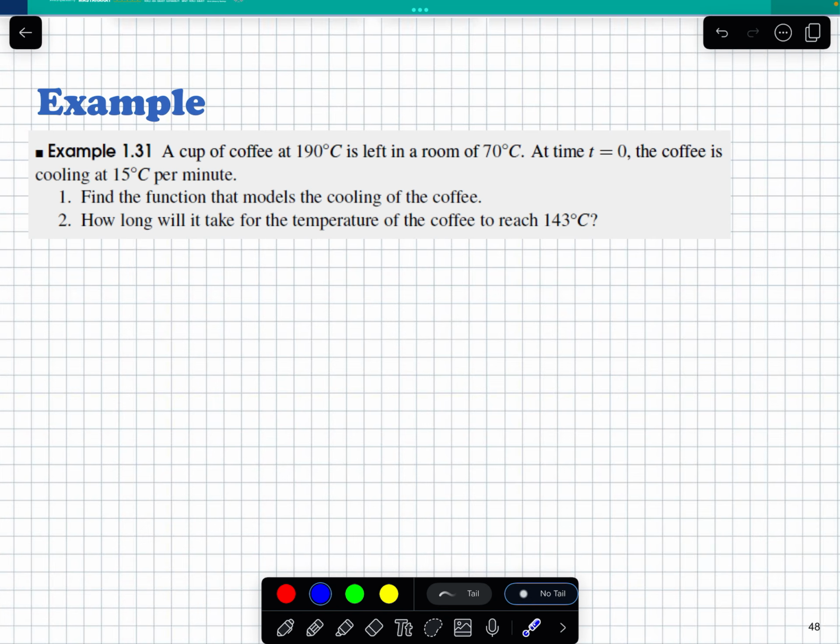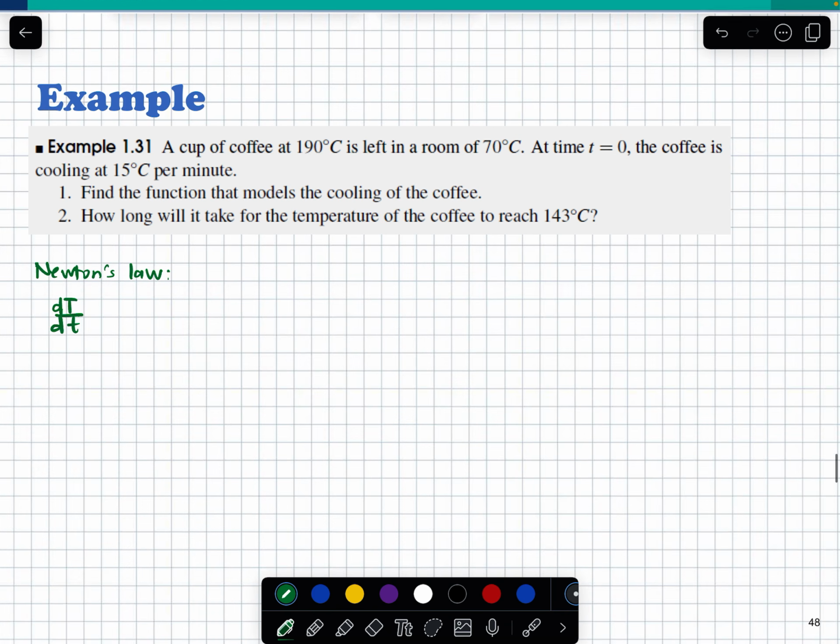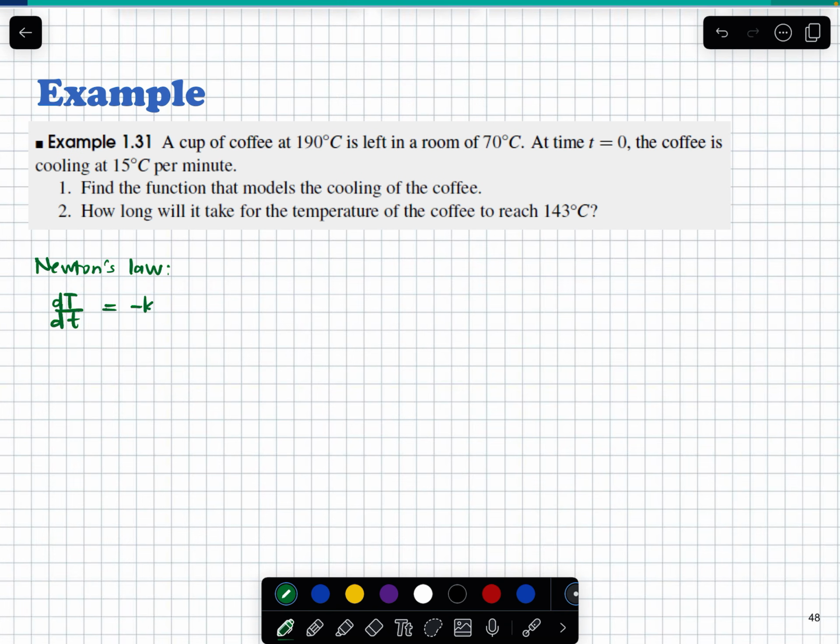So the cooling process follows Newton's law of cooling, which states that the rate of change of the temperature equals negative K times T minus Ts.